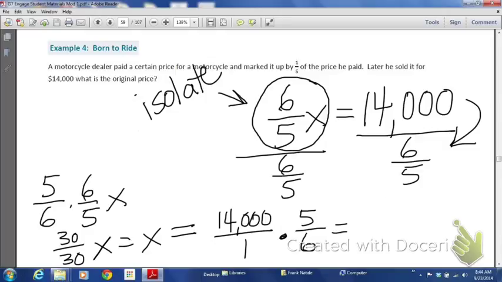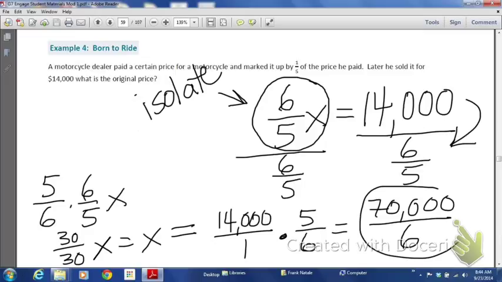This is actually going to be 70,000 over 6, because 14,000 times 5 is 70,000, and 1 times 6 is 6.